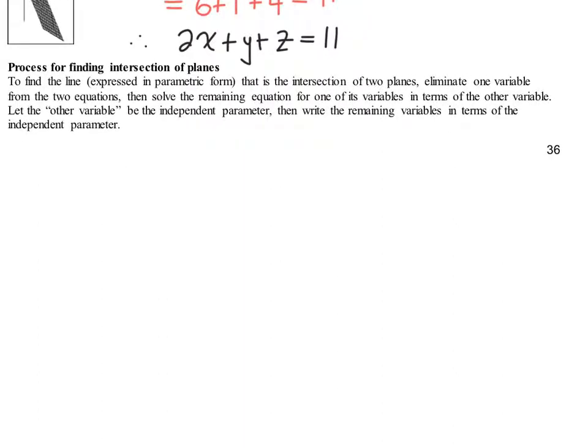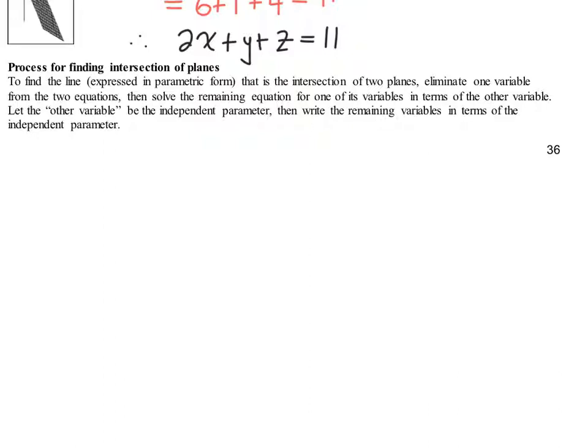So anyway, the process for finding the intersection of planes, because that's not too bad. You're given a point, and if the normal vectors are parallel, you can use the same vector. That's great. But what happens if they're going to intersect?